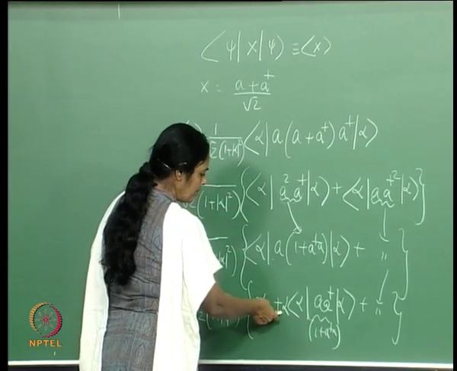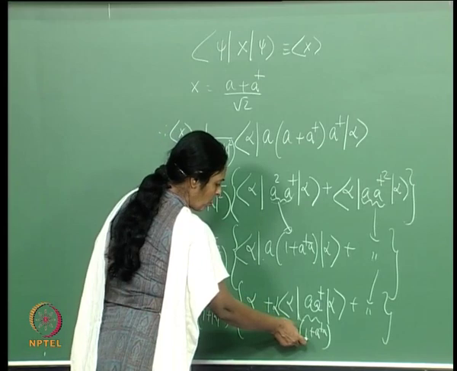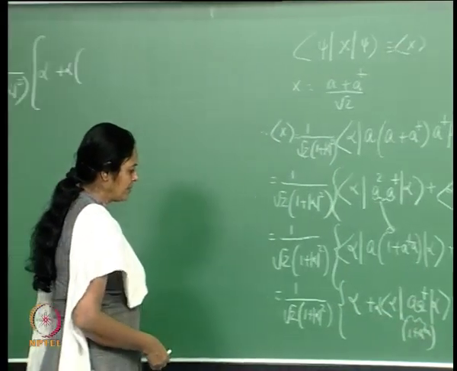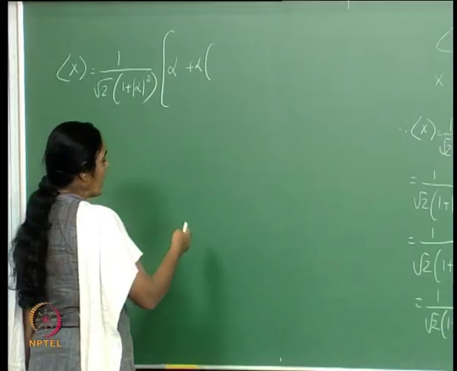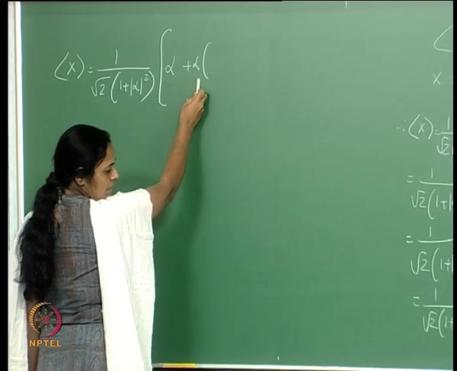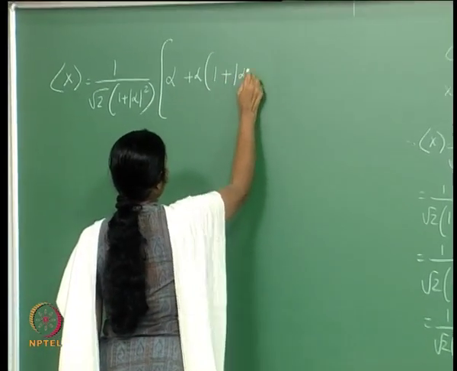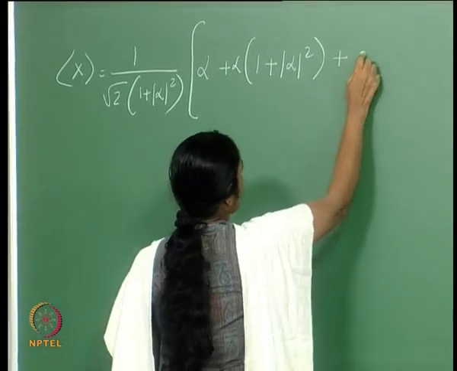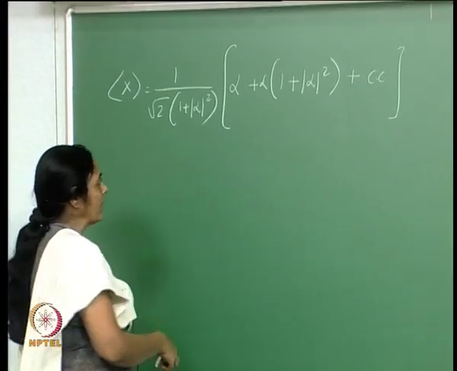So, the first term gives me an alpha times 1 plus mod alpha squared. And so, I have alpha from the first term plus alpha times 1 plus mod alpha squared, and then of course, its complex conjugate that came from the second term.